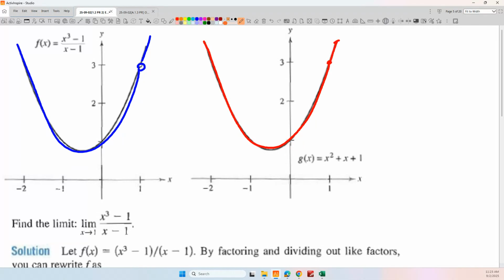So the limit of the red function is indeterminate, right? As x approaches 1. Indeterminate. Okay. So how do I get to the red function using algebra?